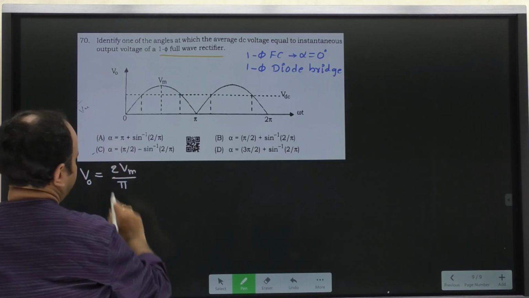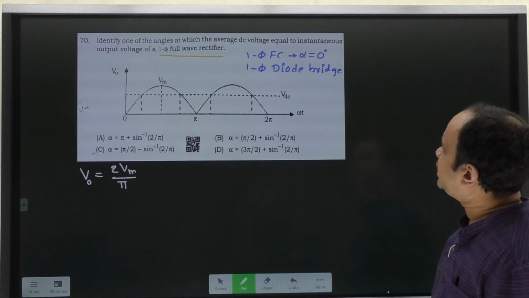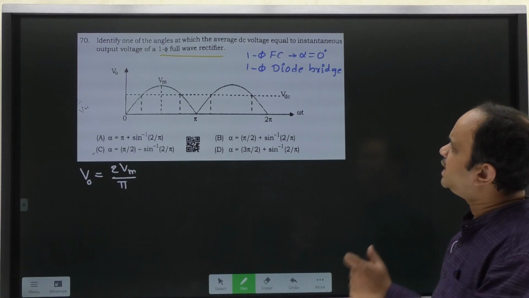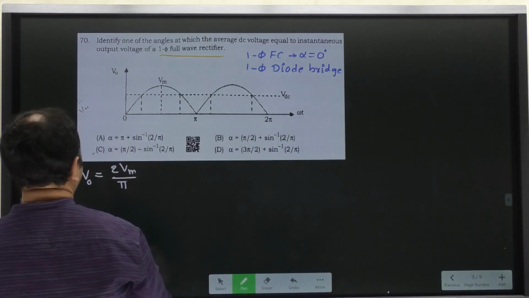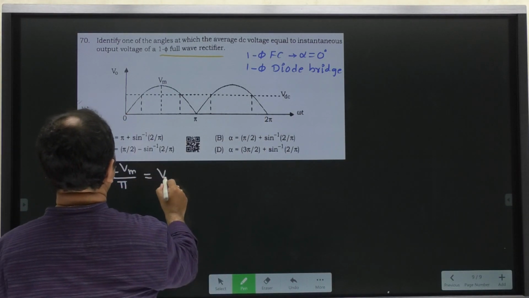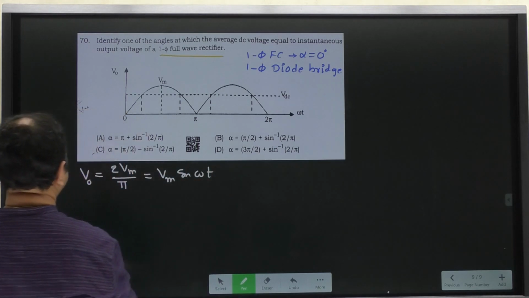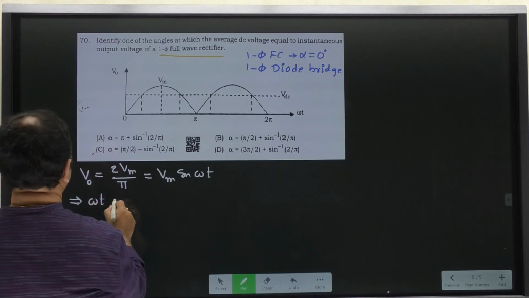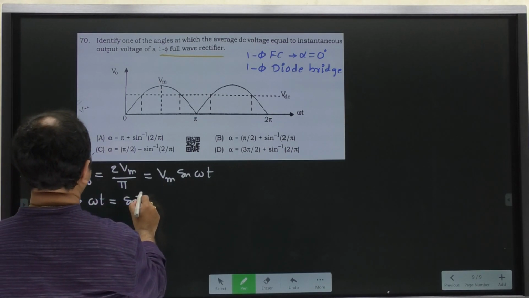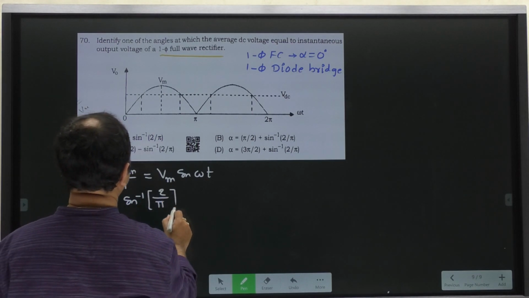divided by pi. So what is mentioned here, the average DC voltage equals the instantaneous output voltage of single phase full wave rectifier. Suppose if I equate this with Vm sin omega t, then by solving this equation you will have omega t is equal to sin inverse 2 by pi.